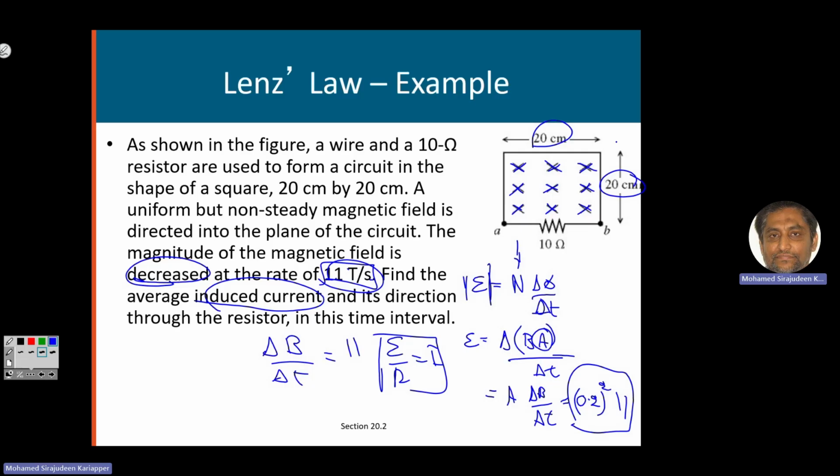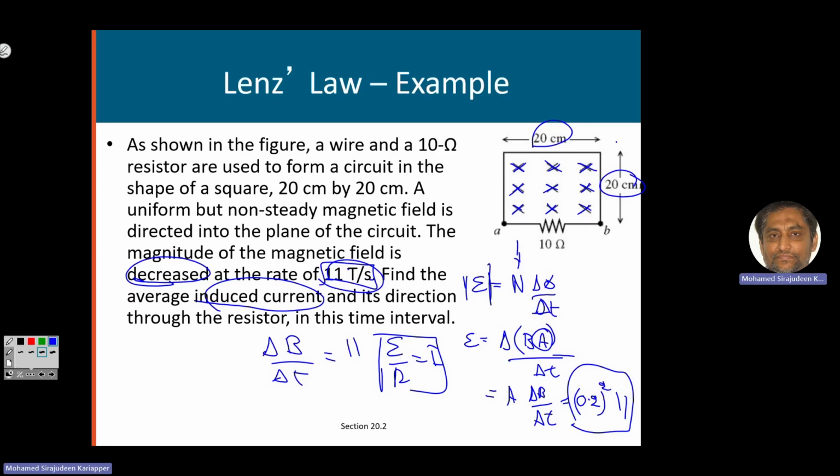But I have another question. What is the direction of this induced current? Clockwise or counterclockwise? Clockwise. Why? Explaining is a bit not so correct. What is going inward? The magnetic field is going inside.